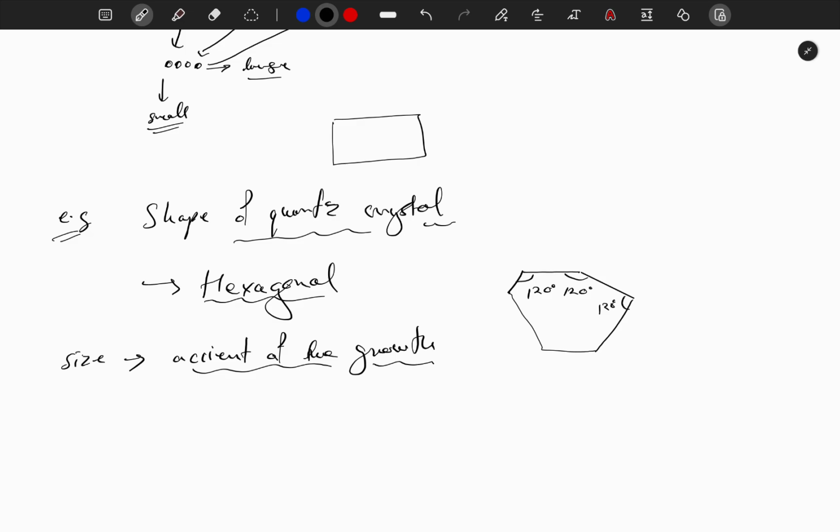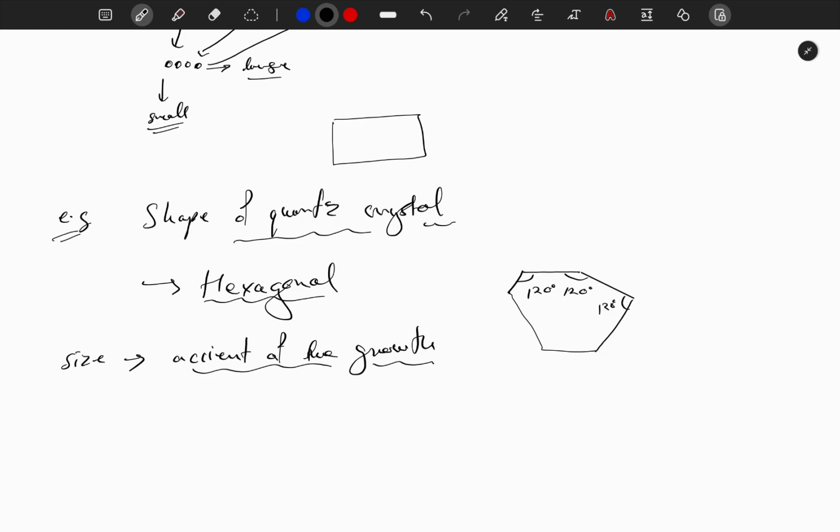It means that when the crystal was forming in the earth or somewhere, one side, for example, faced more pressure than the other, so that's why it is shorter than the other.